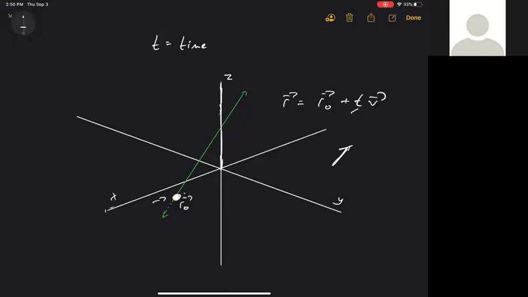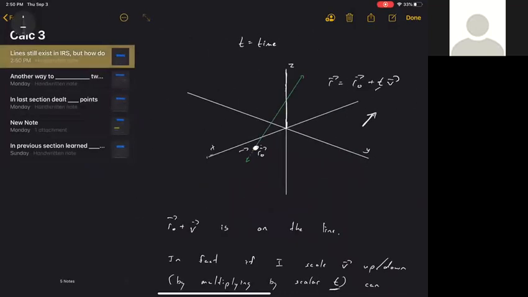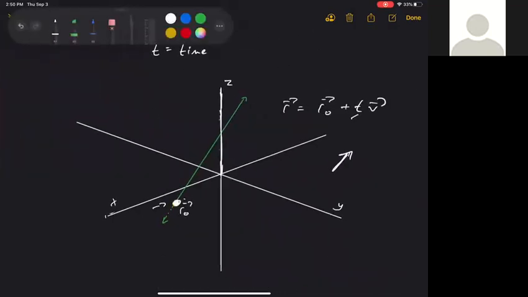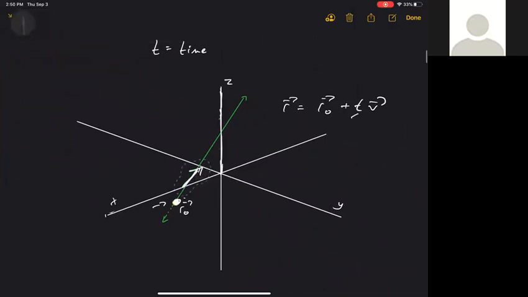Okay, so if that's my vector v, at t equals 1, I would be at the point r0 plus v, which would be where? Just like right there, right?